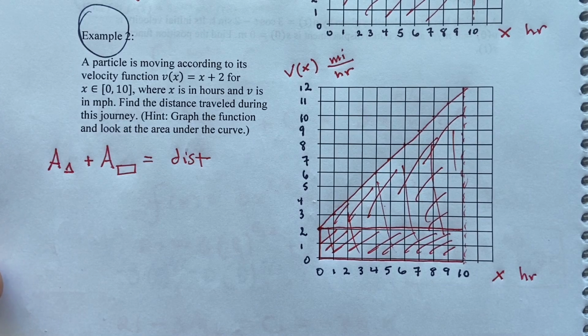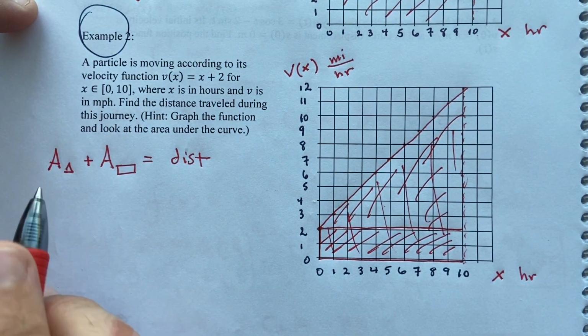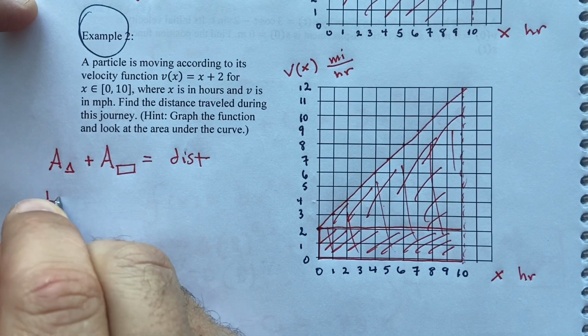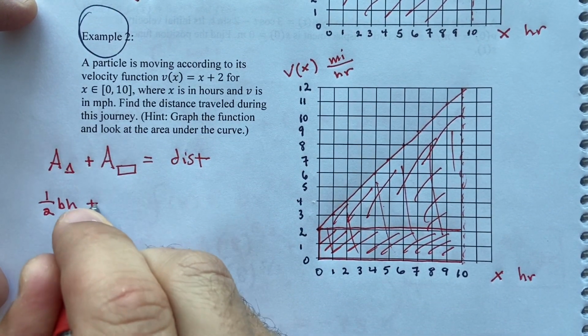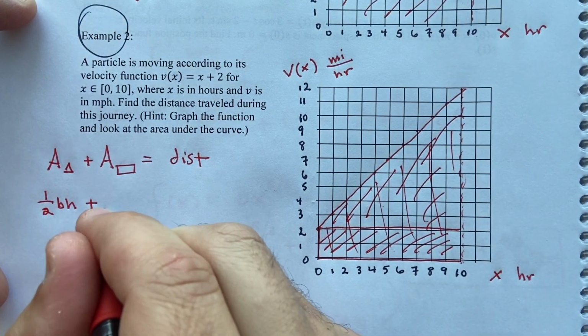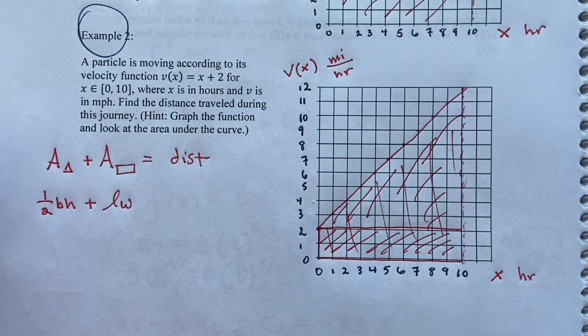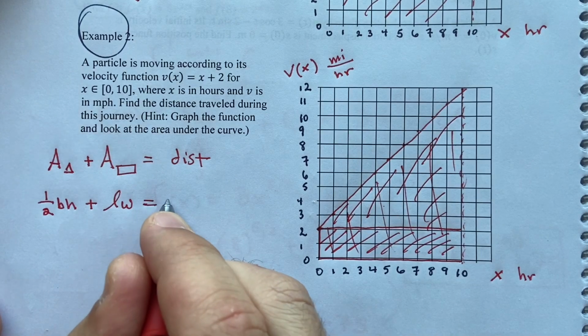Okay. So to find an area of a triangle, I need 1/2 the base times the height. For the area of the rectangle, I'll just have length times width, or base times height. And this will equal the distance.